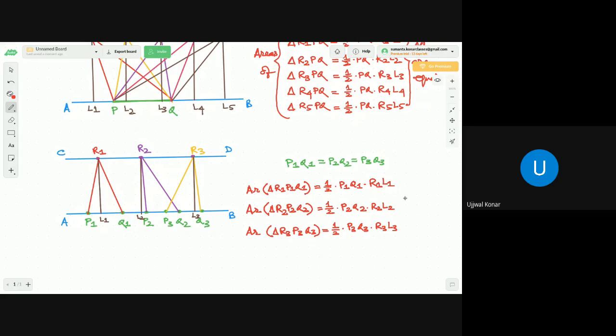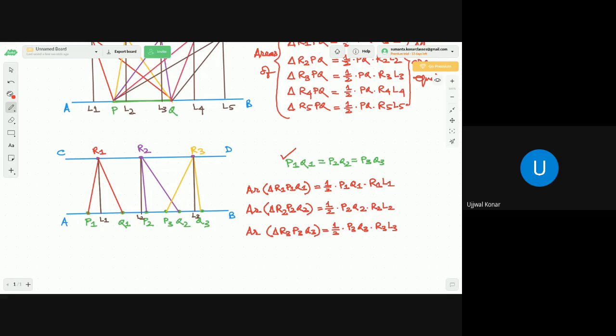So if you look into this, P1 Q1 equal to P2 Q2 equal to P3 Q3, that is what is called the equal base. And from our understanding, R1 L1 equal to R2 L2 equal to R3 L3, because these are line segments between two parallel lines, so they have to be equal.